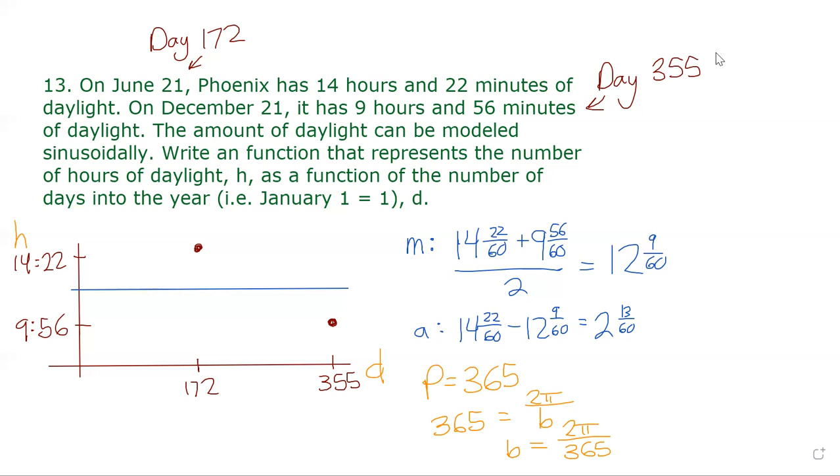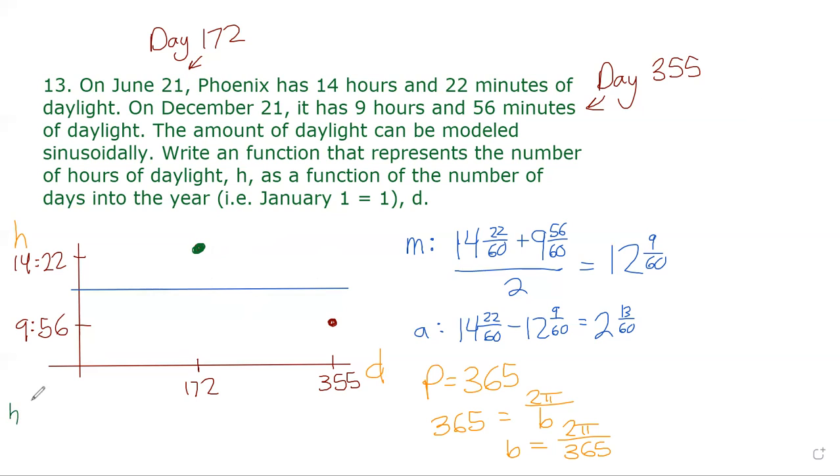So if we're doing this in terms of cosine, it's actually not tricky. Cosine starts at its highest point. The highest point's on day 172. So that would be the horizontal shift if we're doing it in terms of cosine. So for that, I'll write this in proper function notation.